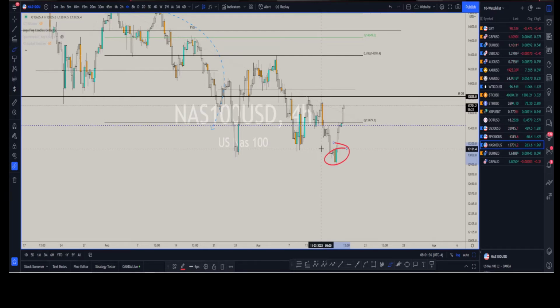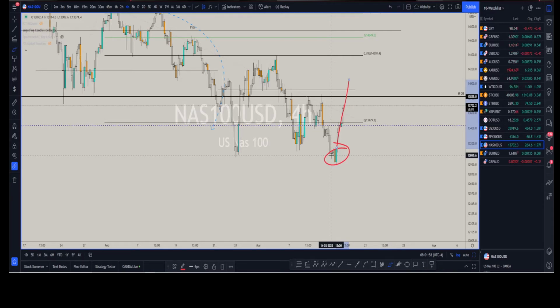So for the people that swing trade in the group, I hesitate a lot to say that yes, we are reversing to the upside. I want to see first break, second break, and on the third I will say, okay, here's your trade.